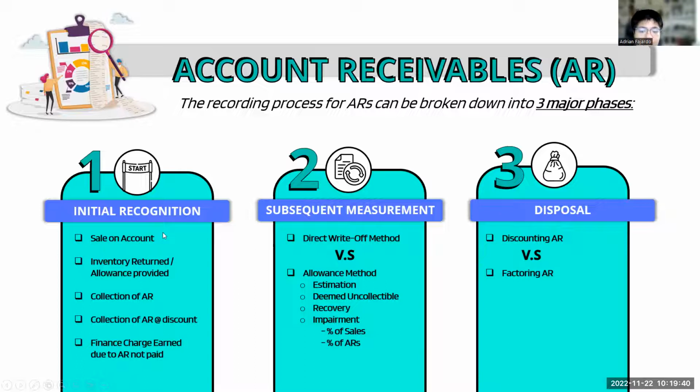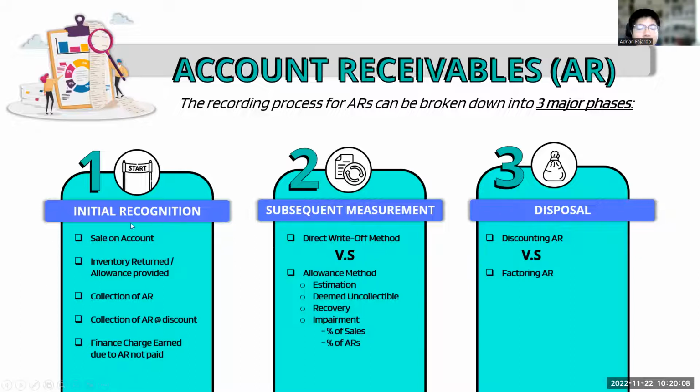So, sale on account, when there's an SRA, when you collect AR at a discount, and then you have your finance charge, right? After you initially recognize, so you now have receivables, you need to subsequently measure this using either of two methods: your direct write-off method, or your allowance method. This is where BDE and ADA come in.